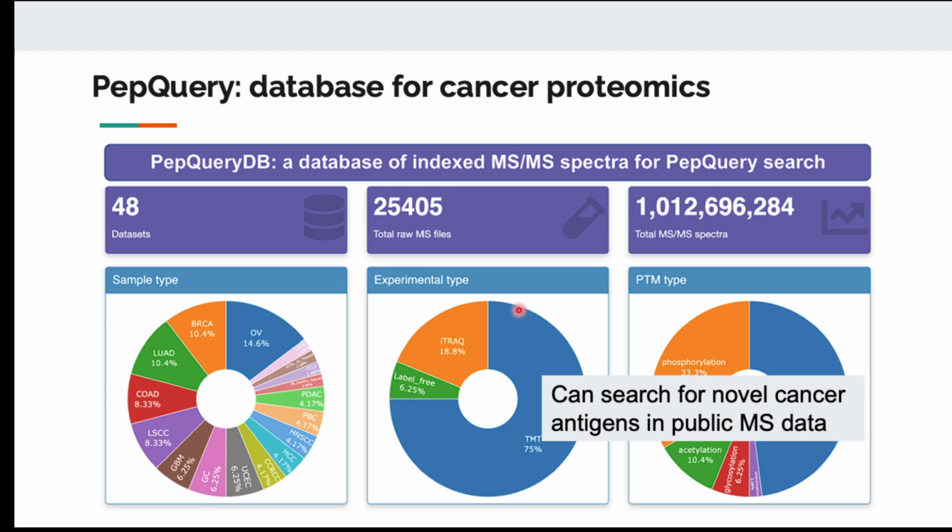And even though I say it's a small subset of proteomics, they still have over a billion mass spectra on that server. So it's not small. They implement a fast searching method that allows you to query your peptide.